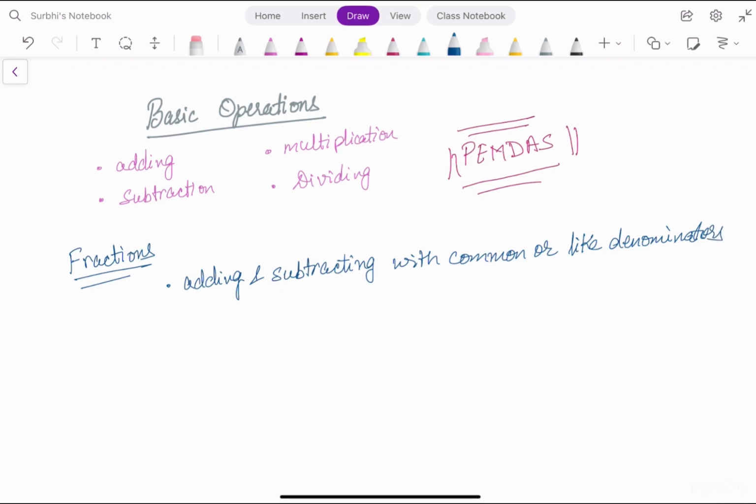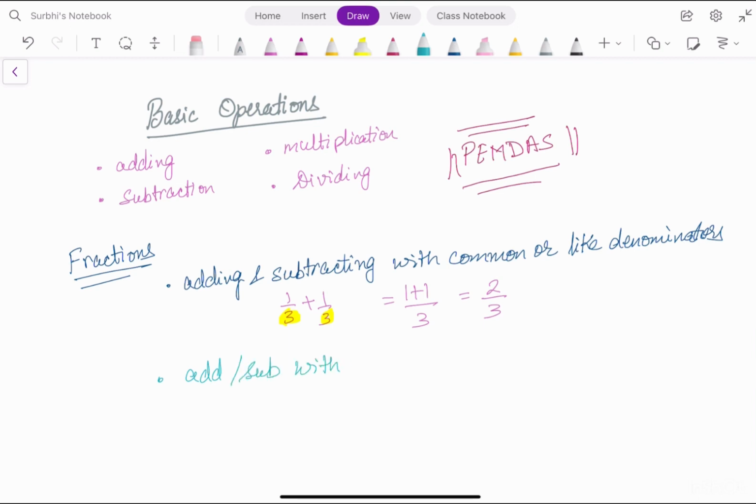With common or like denominators, when we have to add or subtract 2 fractions, our life becomes a little bit easier. In this example, 3 and 3, both denominators are the same. We can just add the numerators together and keep the denominator as it is. Do not add the denominators. The common error I have seen is 2 over 6. 2 over 6 is a wrong answer.